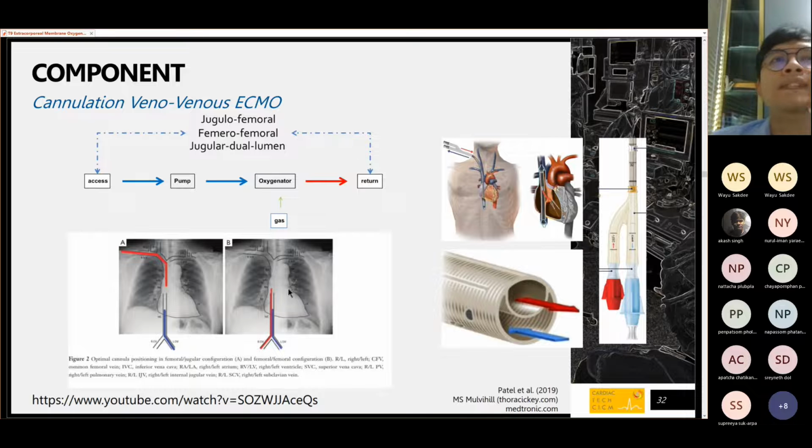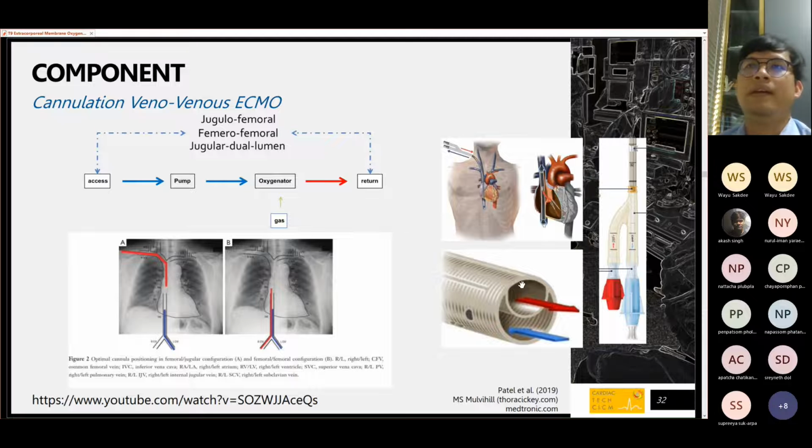For some cases, maybe both are inserted into the IVC, but the tips are different. The lower one is going to be the venous or drainage cannula, and the return cannula is going to be higher to allow the oxygenated blood to go back to the heart and lung.